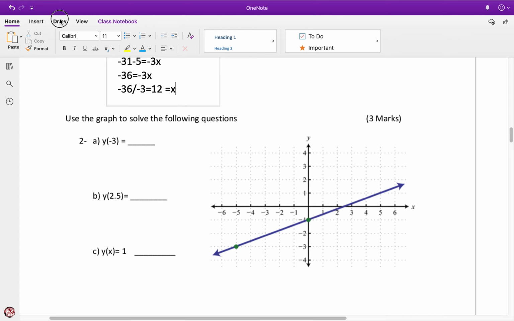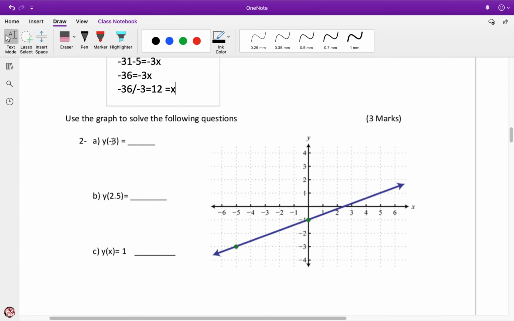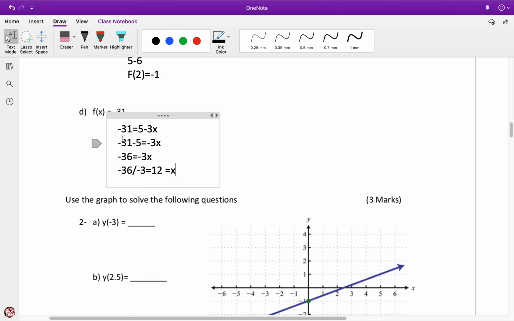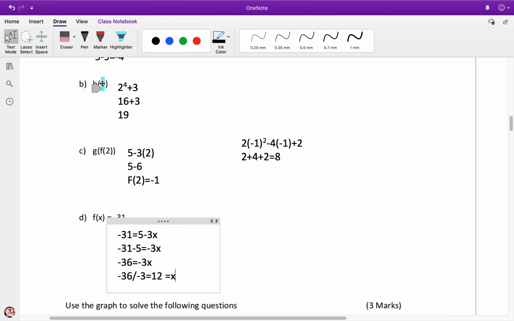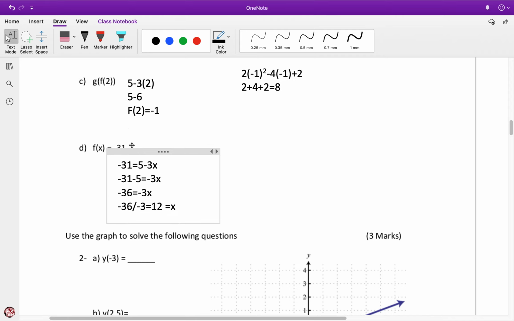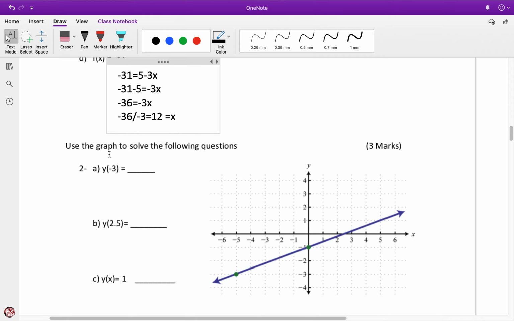Now this one here, same thing. I'm giving you x, I want to know what y is. Just like up here, I gave you what is h at x equals 4. Same thing. What's y when x is negative 3? So if I take my red pen, I'll do this one in red.